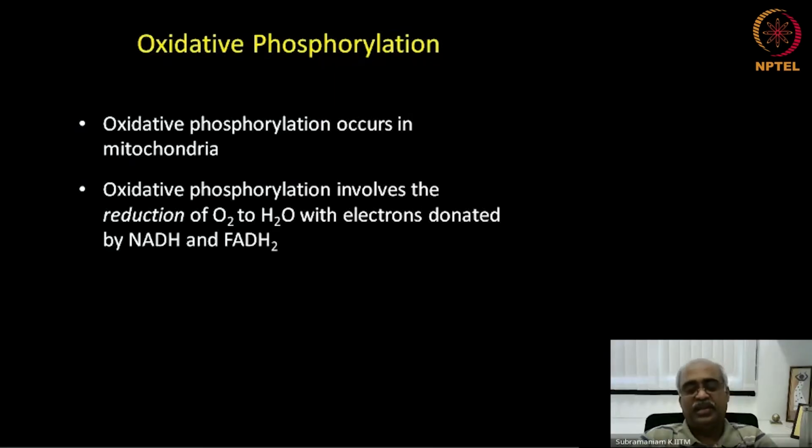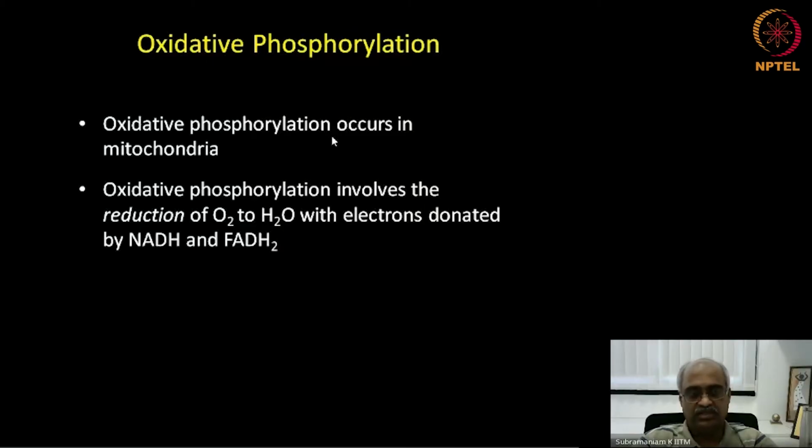Now we are going to look at what actually happens to these reduced electron carriers. That is the process that we call oxidative phosphorylation. As these reduced electron carriers get oxidized, the free energy liberated from that is used for phosphorylating ADP into ATP.